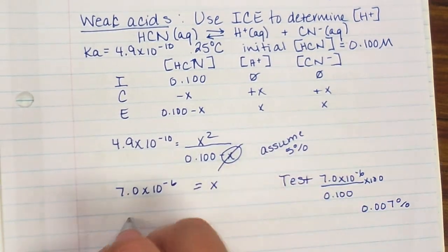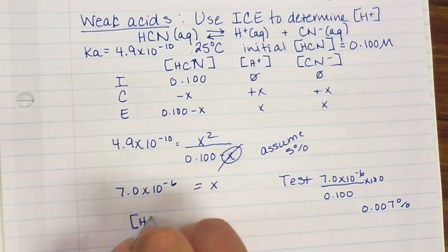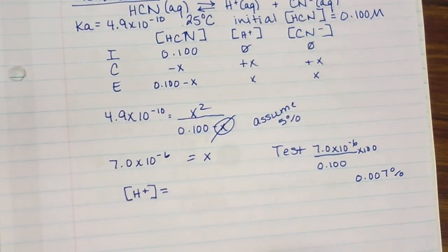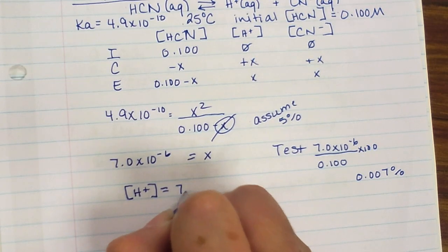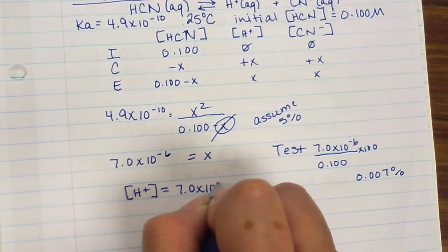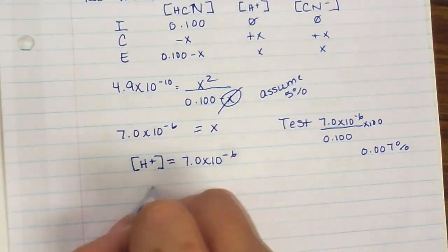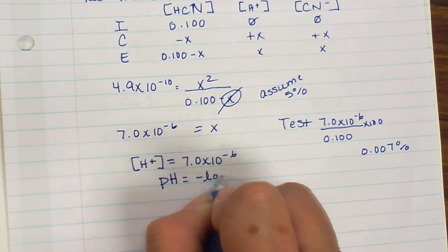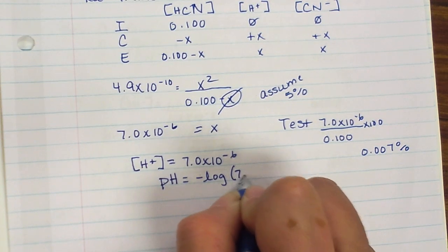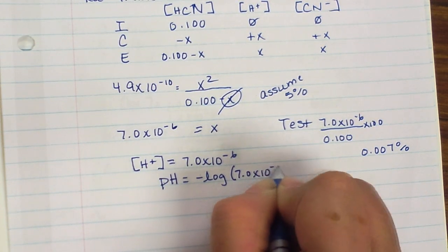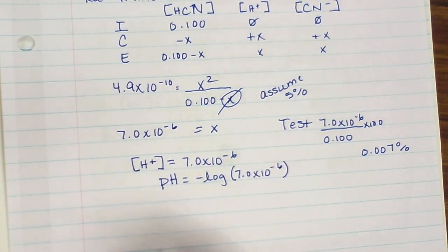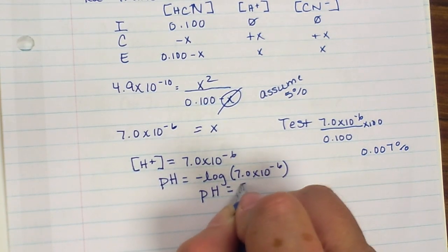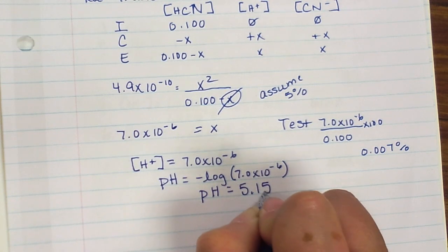Next, I'm just going to say my H plus concentration is equal to 7.0 times 10 to the minus 6. So my pH is equal to negative log 7.0 times 10 to the minus 6. So my pH is equal to 5.15.